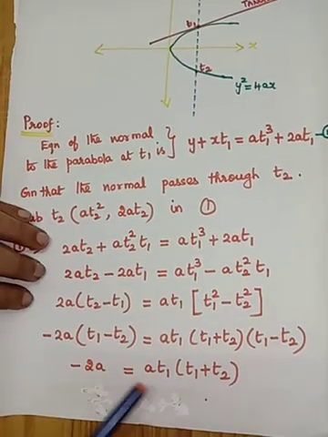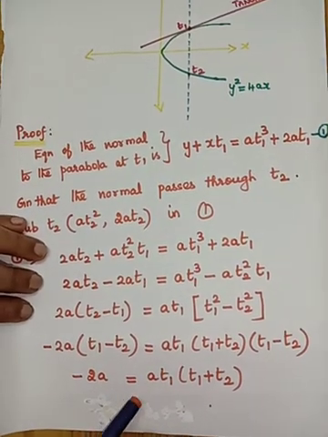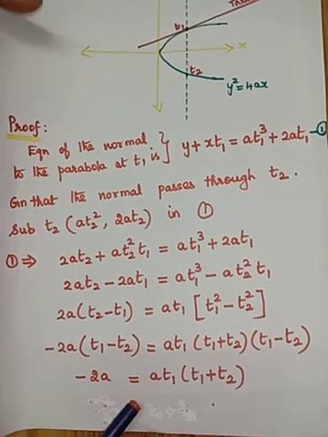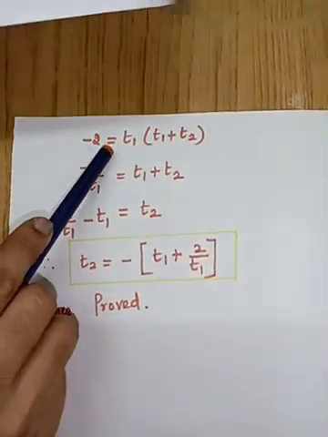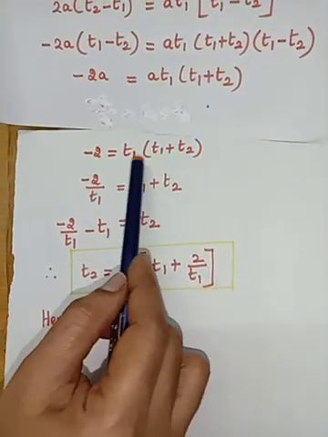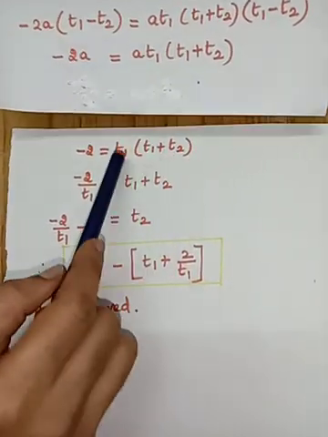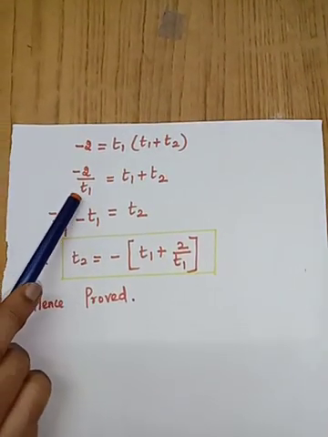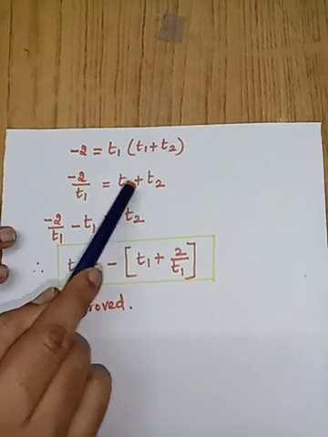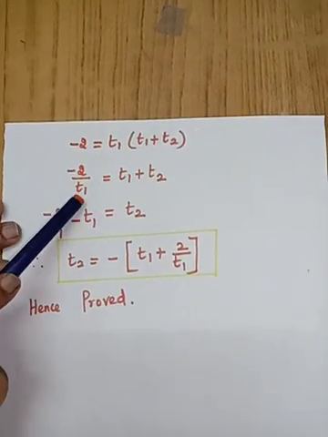Here from these two terms a is common, so it gets cancelled. The remaining is minus 2 is equal to t1 into (t1 plus t2). This t1 you bring to the left side in the denominator, so you get t1 plus t2 is equal to minus 2 by t1.